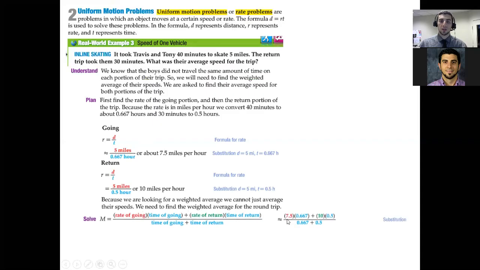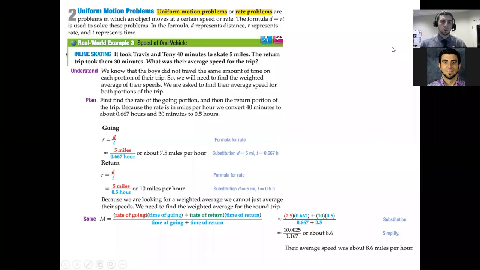So 7.5 times 0.667 plus 10 times 0.5, divided by 0.667 plus 0.5. And you get 10.0025 divided by 1.167, or about 8.6. So their average speed was about 8.6 miles per hour.